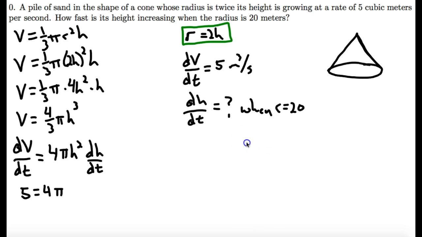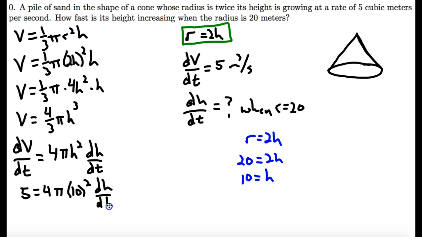So I can say that 20 is equal to 2 times h. Just divide both sides by 2, and we get that at this instance that we care about, the height is equal to 10.